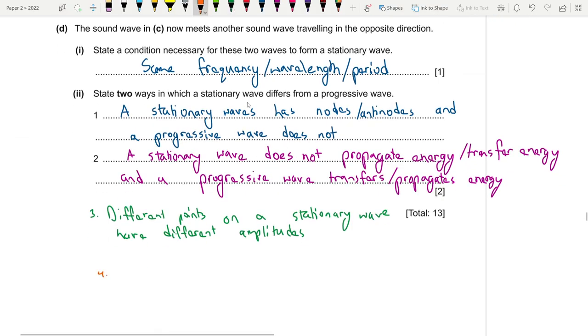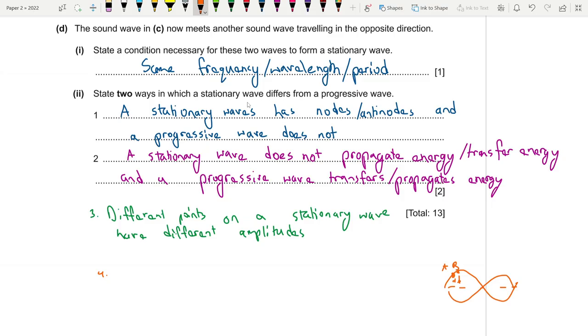Last one, I was saying that in a stationary wave, check this. These 2 points, A and B, they are adjacent to each other. Since they're within the same loop and they both just oscillate downwards, they are actually in phase.